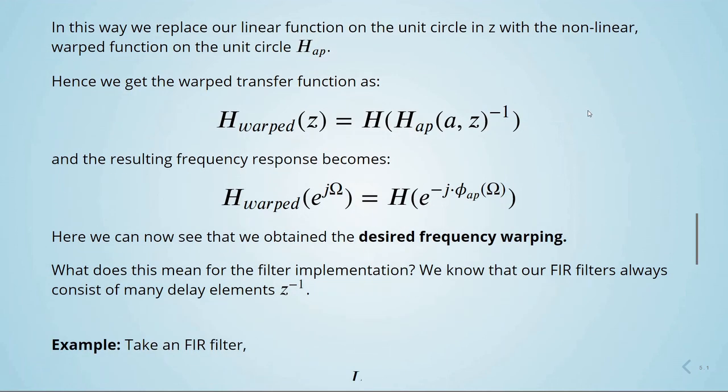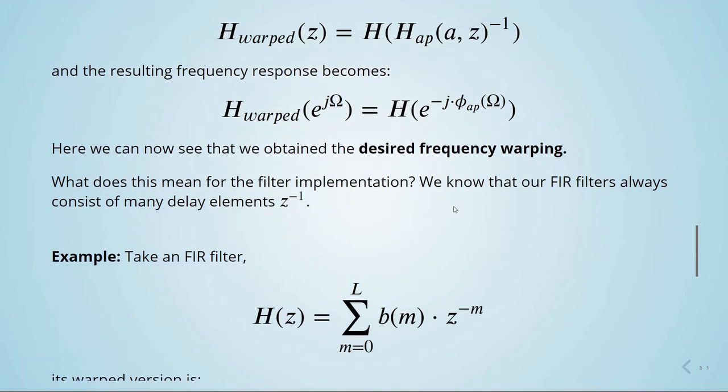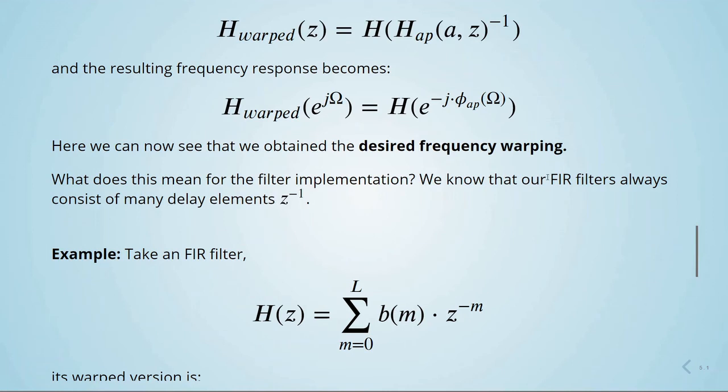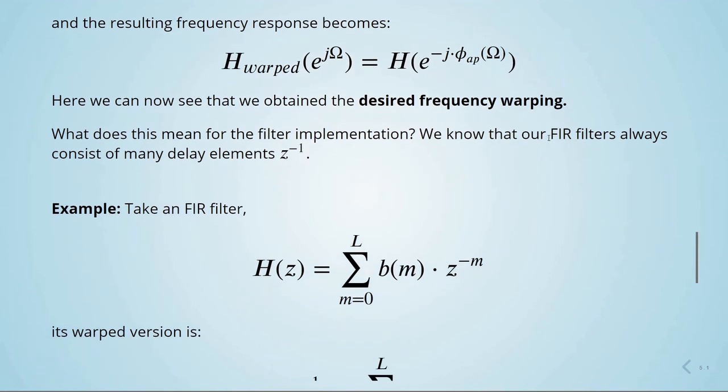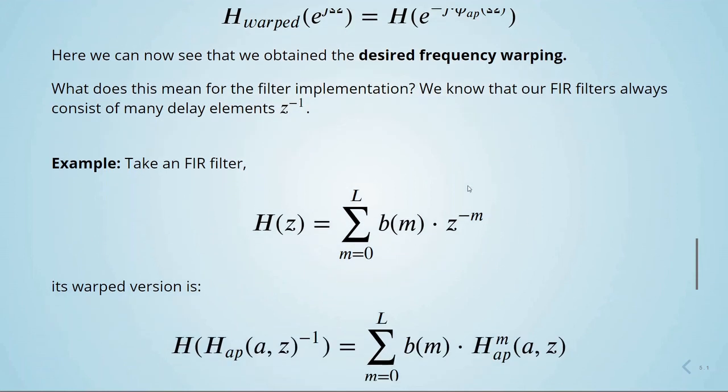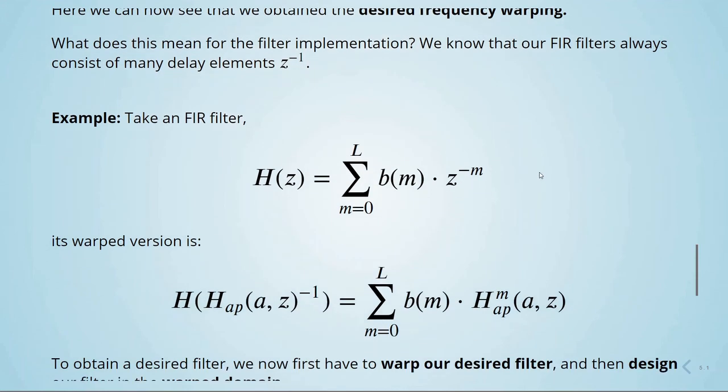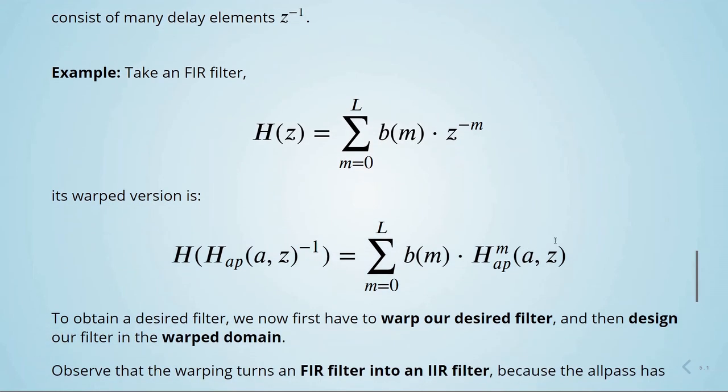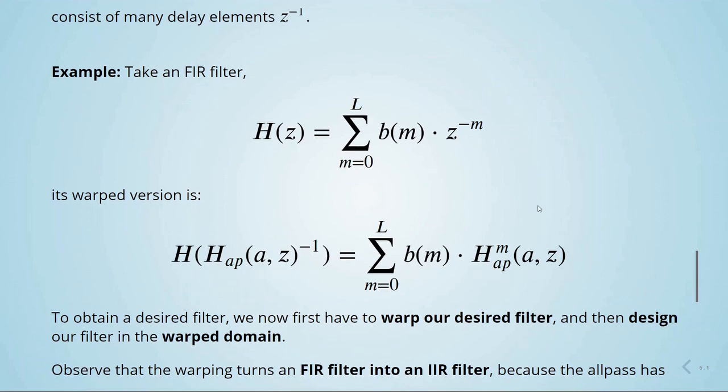So what does this mean for the filter implementation? We know that our FIR filters always consist of many delay elements, z to the power of -1. Let's take a look at an example. If we take an FIR filter, we have here the frequency response, and its warped version is where we replace with this Allpass frequency response here.